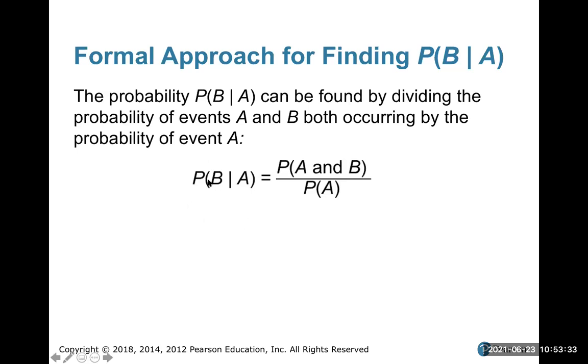So the probability of event B given A is the probability of A and B happening divided by the probability of A. This is the same thing as you remember from the last one.